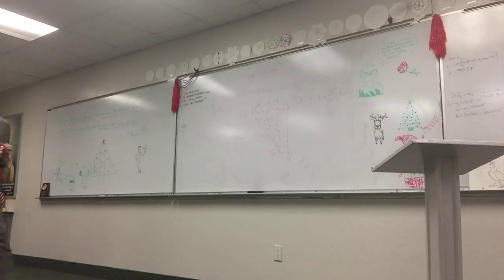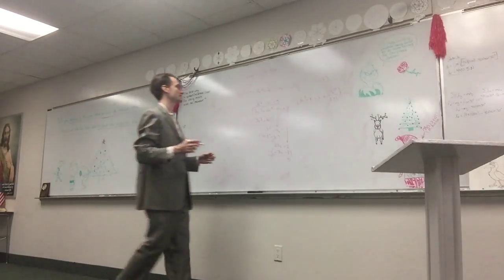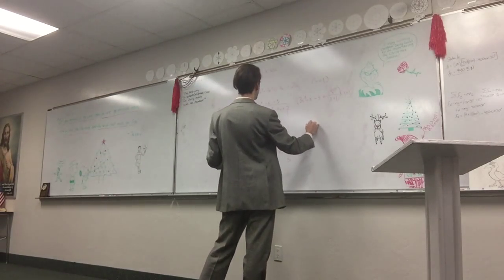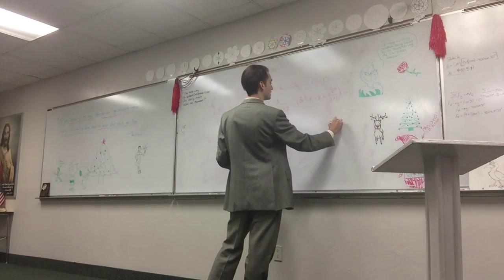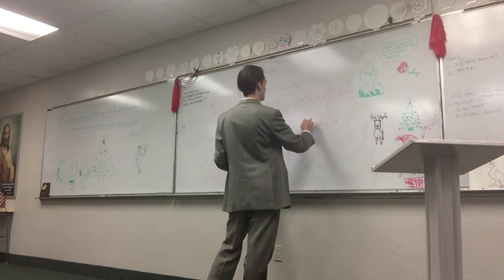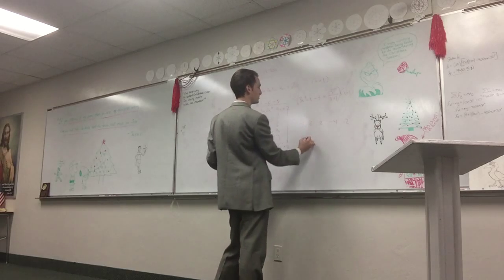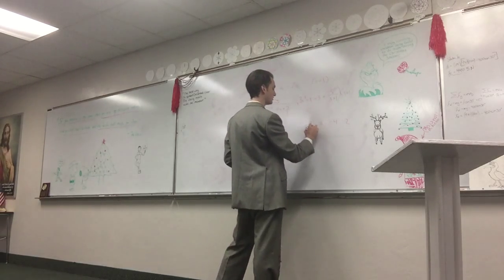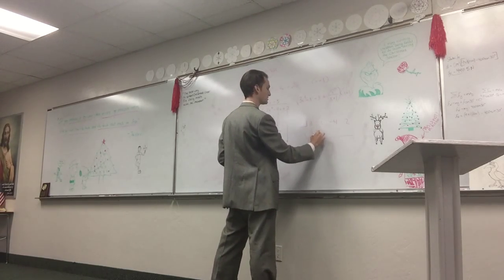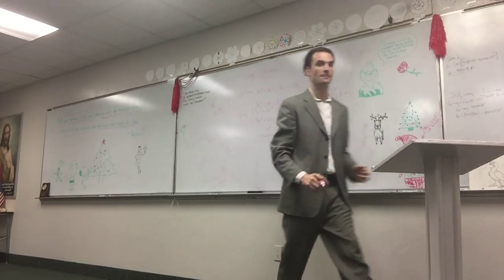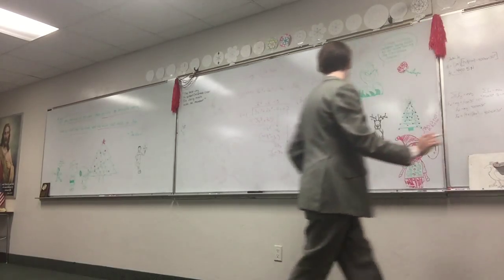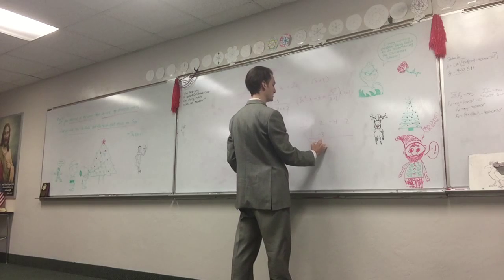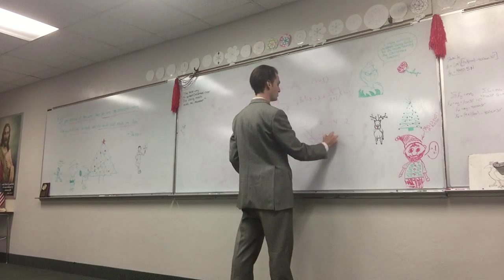Okay, now let's do that same thing 40 times faster with synthetic division. What do I put up here? Negative 1, right? We bring down the 3. Negative 1 times 3 is negative 3. 2 plus negative 3 is negative 1. Negative 1 times negative 1 is 1.